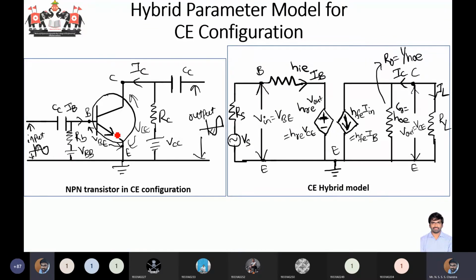I told you that there will be a 180 degrees phase shift in the output. So I can show it here. If I'm giving a sinusoidal signal over here, I'm getting a sinusoidal signal in the output with 180 degrees phase shift. Can you observe this point?